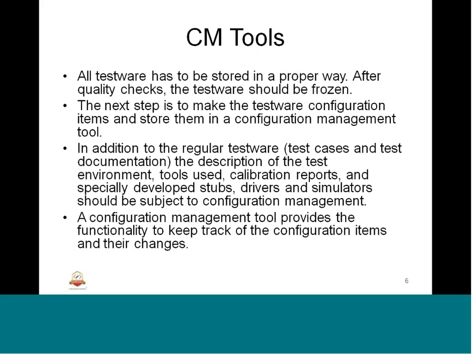All these have to be maintained through a repository. That repository is nothing but a database or a physical location. How are we going to maintain that physical location? How are we going to address that? So we use tools. Various tools are there which will take care of this configuration management. That is what we study in CM tools.